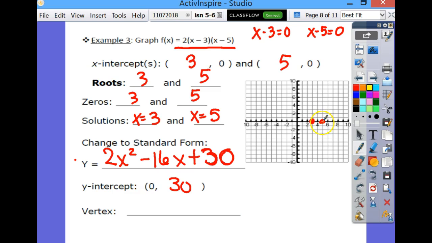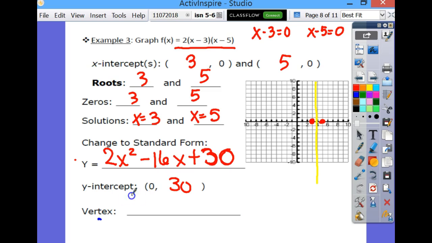If those are the roots, where is the axis of symmetry going to be? Would you agree it's going to be halfway in between that? Would you agree that the axis of symmetry would have to be right there? And what is going to be on the axis of symmetry? Is the vertex point going to be on the axis of symmetry?